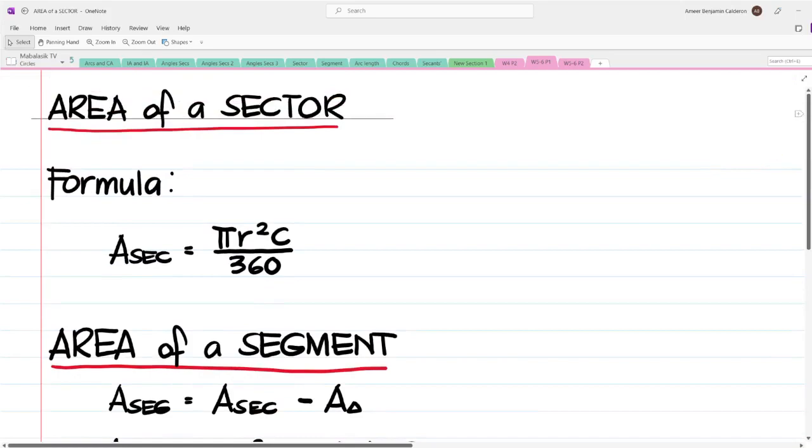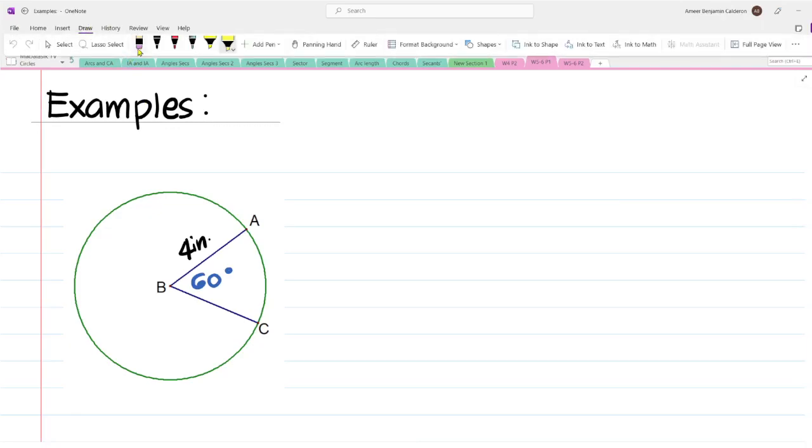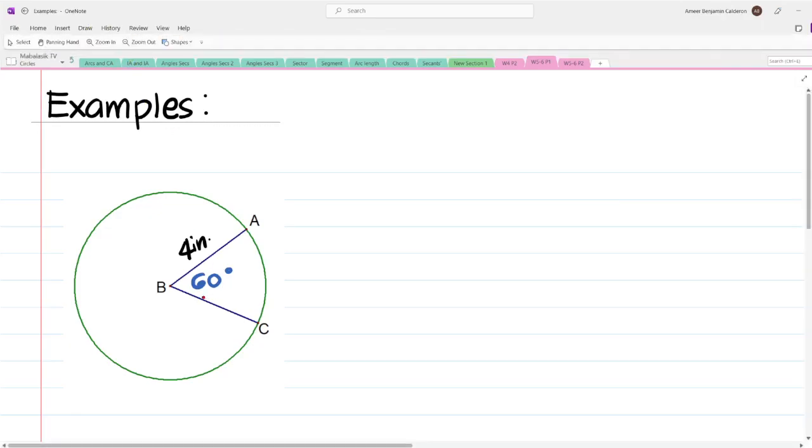So let us go to our examples. In our first example, we have a circle, that's circle B. The central angle is 60 degrees right here, and the measurement of the radius is 4 inches. So let us try to calculate the area of this sector.